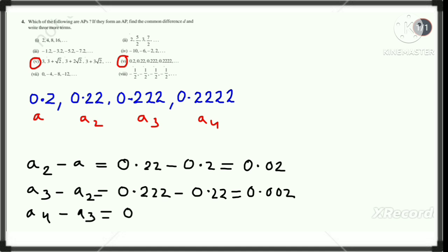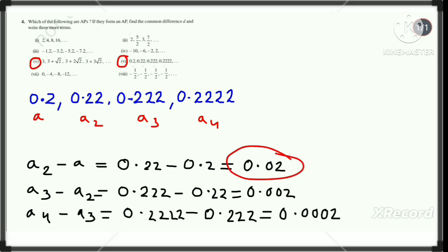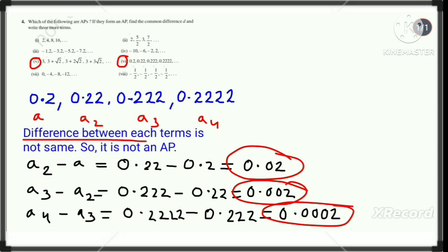A4 equal to 0.2222 minus A3 equal to 0.222, and after subtracting we obtain 0.0002. Here we came to know the difference between each term is not the same, so it is not an AP.